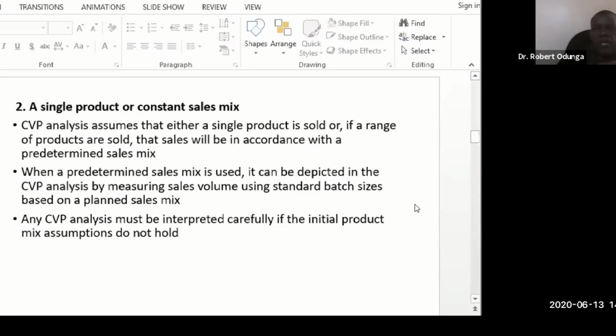So we can plan for a sales mix so that we know how many of product A should we sell, and how many of product B should we sell for us to make profits or maximize our profits. Any CVP analysis must be interpreted carefully if the initial product mix assumptions do not hold.